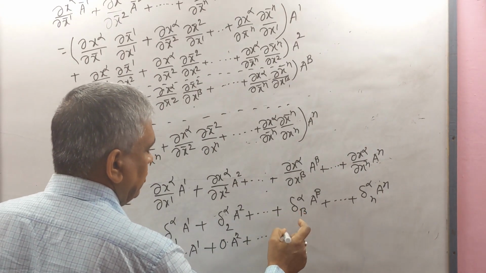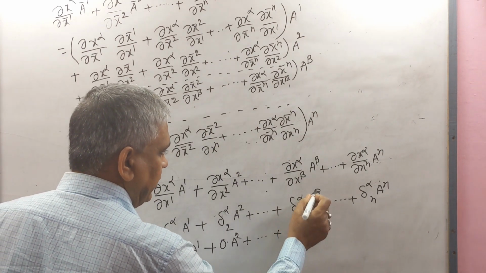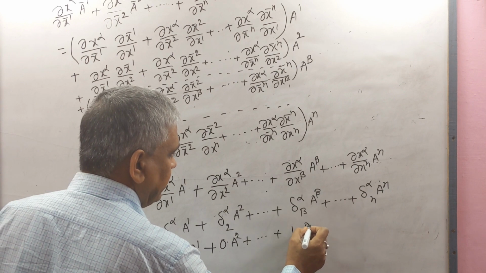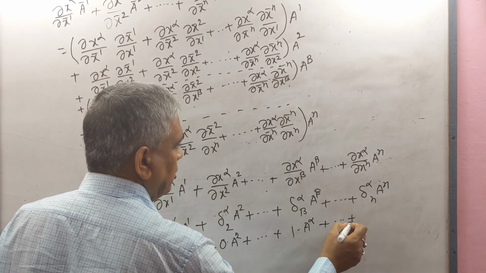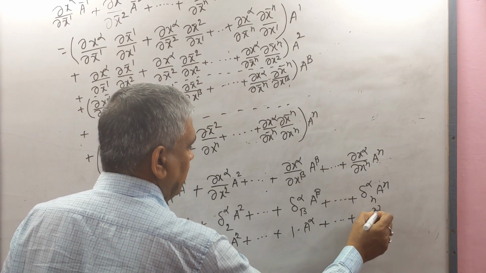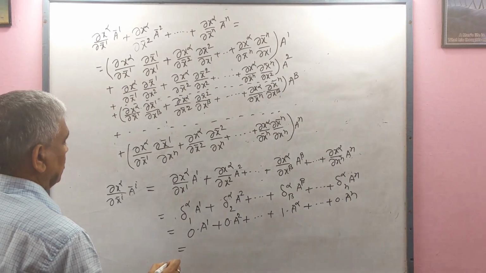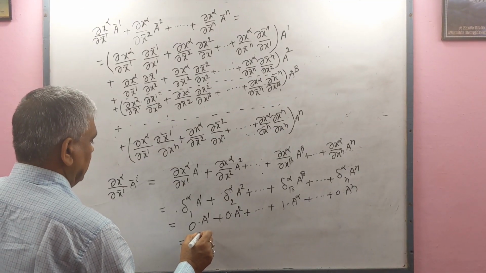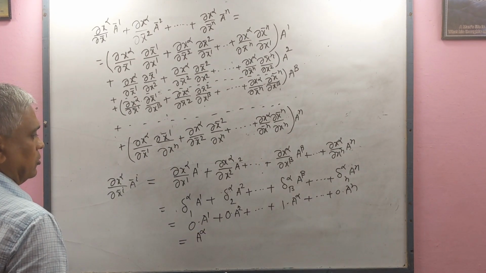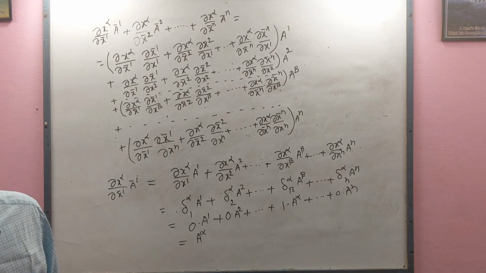This is 1 for beta equal to alpha. So here in place of beta we write alpha, plus dot dot dot, 0 into An, equal to A alpha. So our problem is proved.